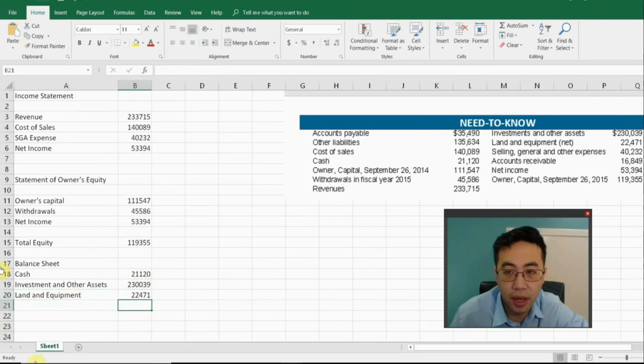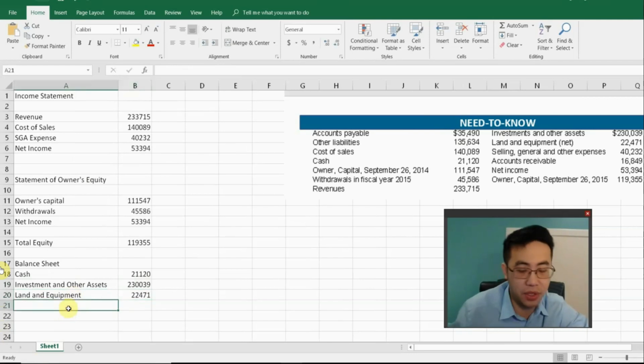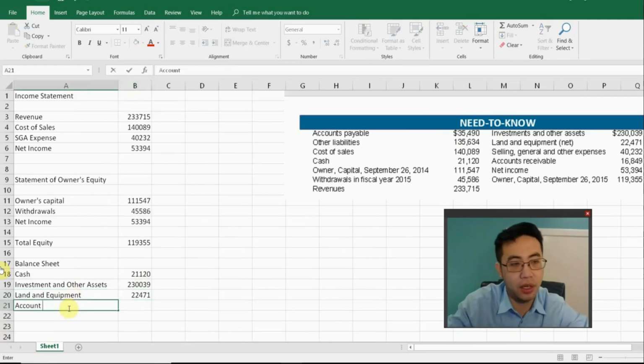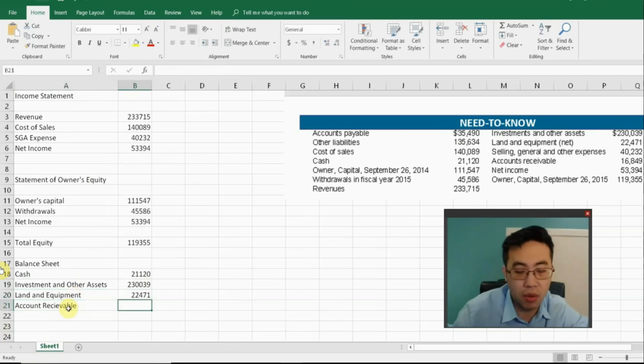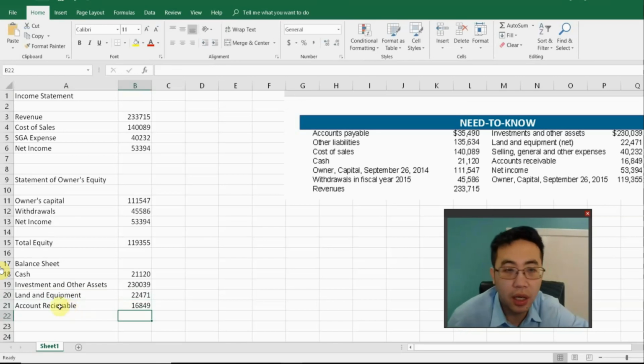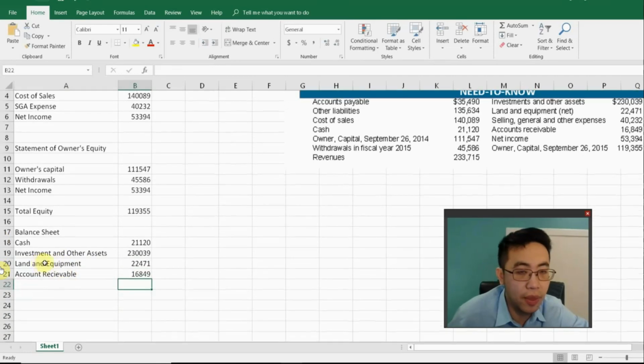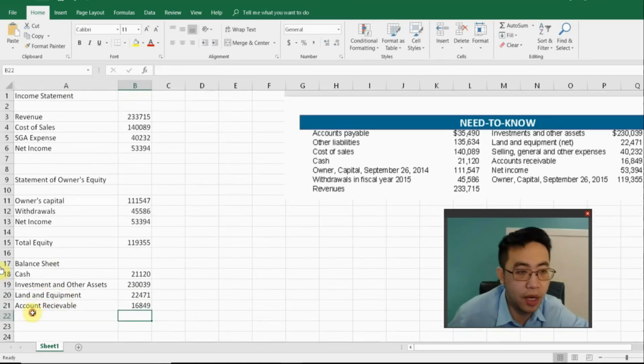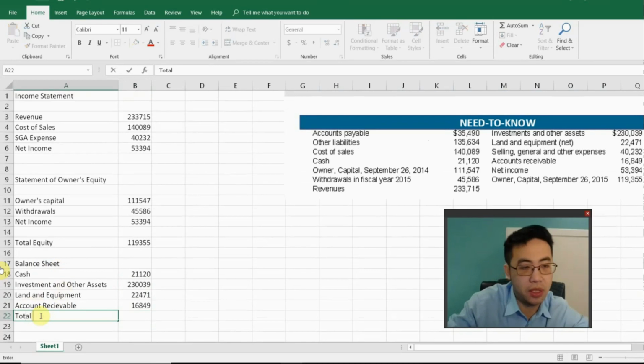And I have another asset here, which is called accounts receivable. This is 16,849. Now I can get my total assets, which is a summation of these four numbers.